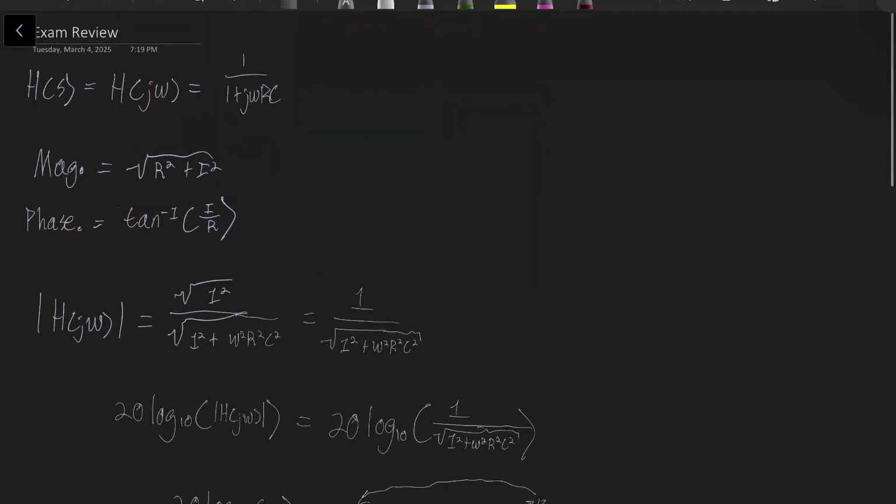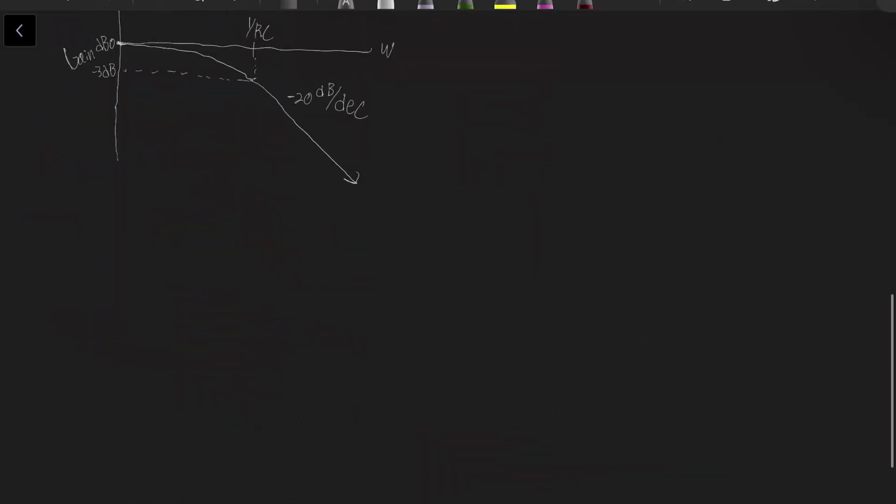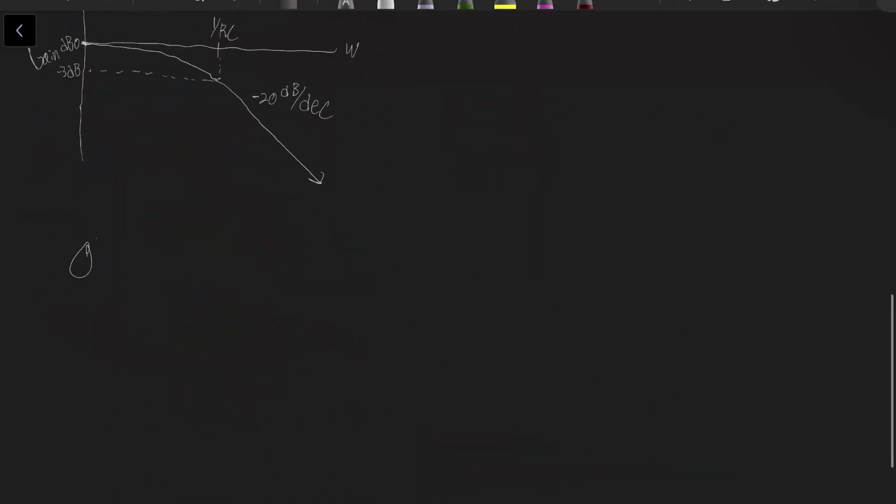But let's go ahead and look at our phase. So our phase here, we have the inverse tangent of our imaginary over real. And we're going to do the same thing as before where we're looking at the numerator and the denominator. So we have phase is equal to the inverse tangent of imaginary over real.